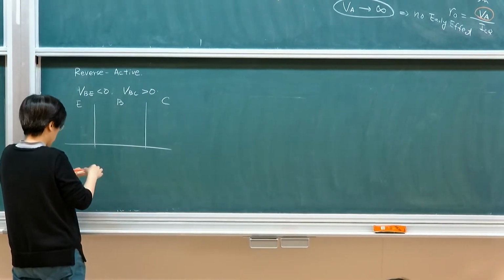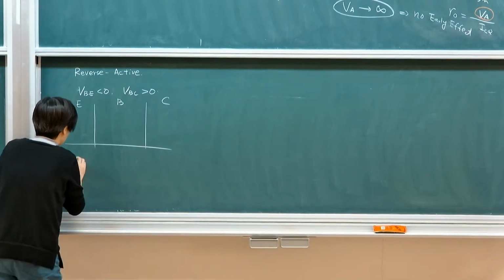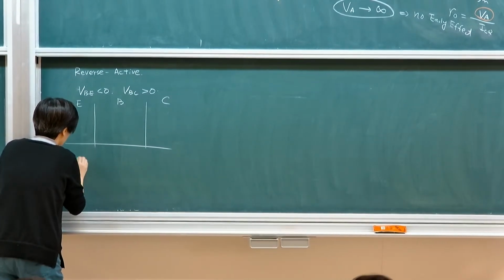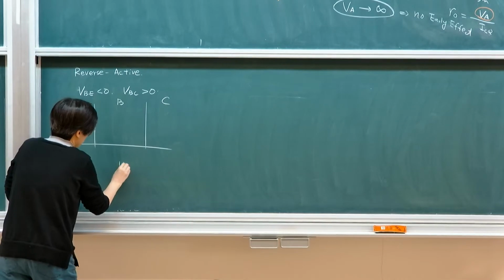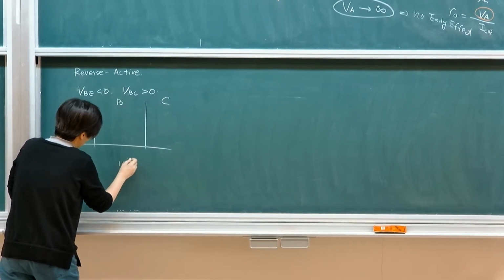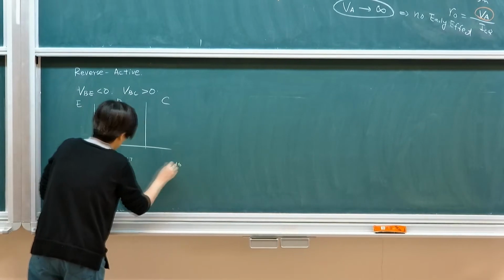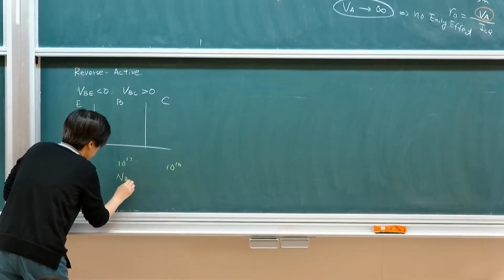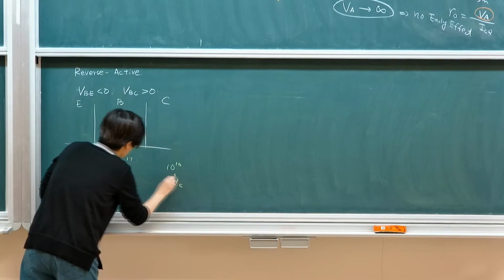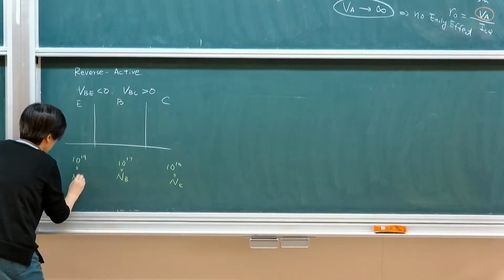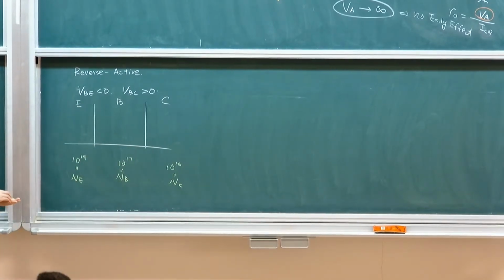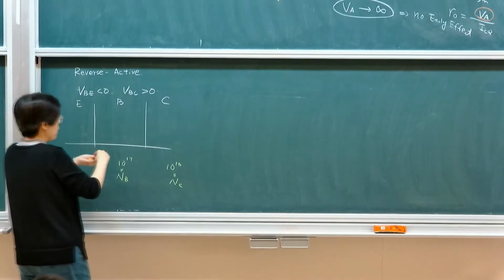So I'm just going to highlight the doping concentration once again. Let's say this is 10 to the 19th. You already dope your device when the device is made, right? So this is 17, this is 16. This is N, B, and C, and E. So what happens is I'm raising this minority carrier concentration.